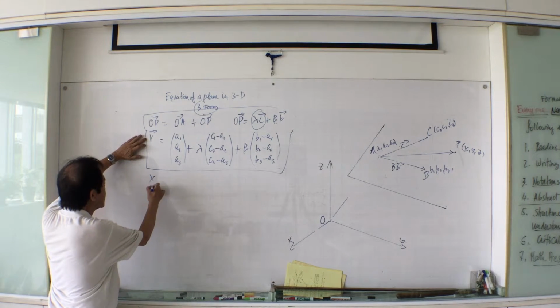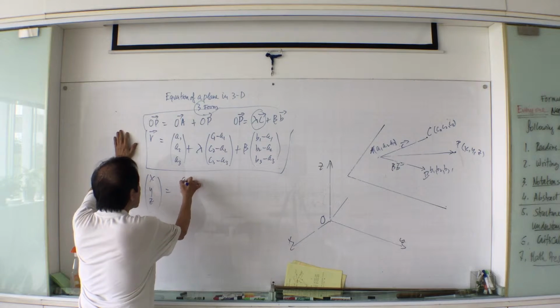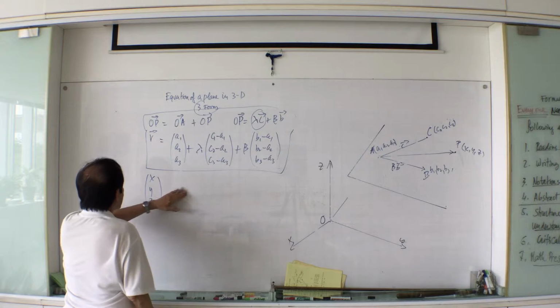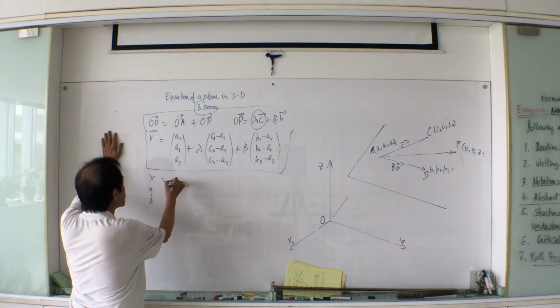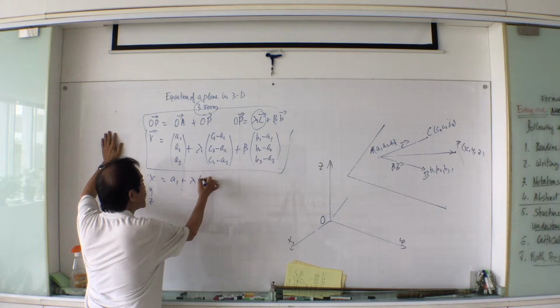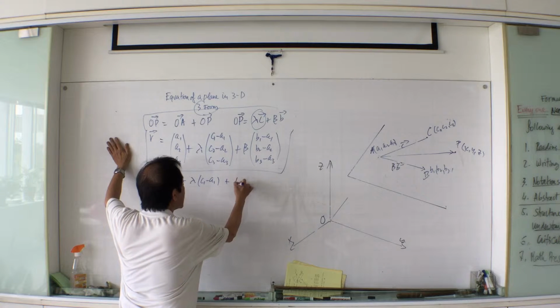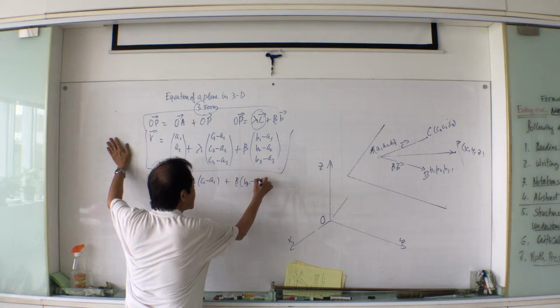So you get X, Y, Z. X equals A1 plus lambda times C1 minus A1 plus beta times B1 minus A1.